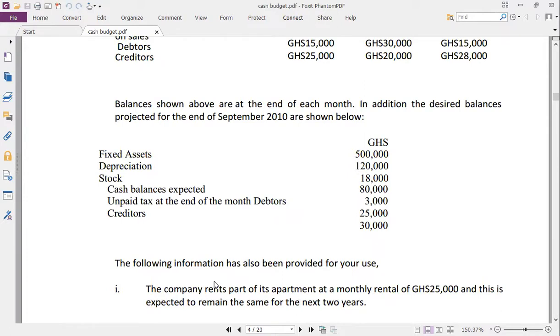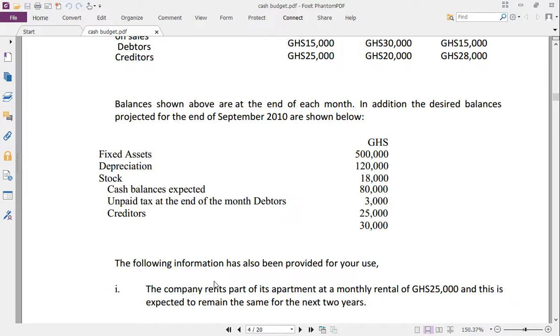They are saying that the balances shown above are at the end of each month. In addition, the desired balances projected for the end of September 2010 are shown below. Fixed assets 500,000. Accumulated depreciation 120,000. Stock is there.